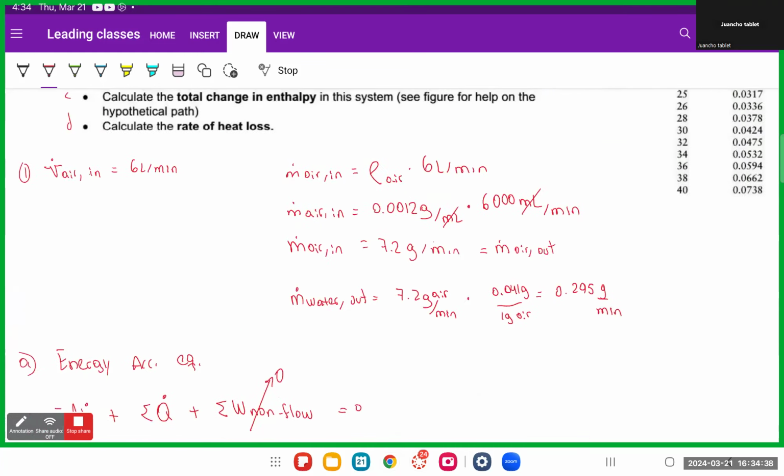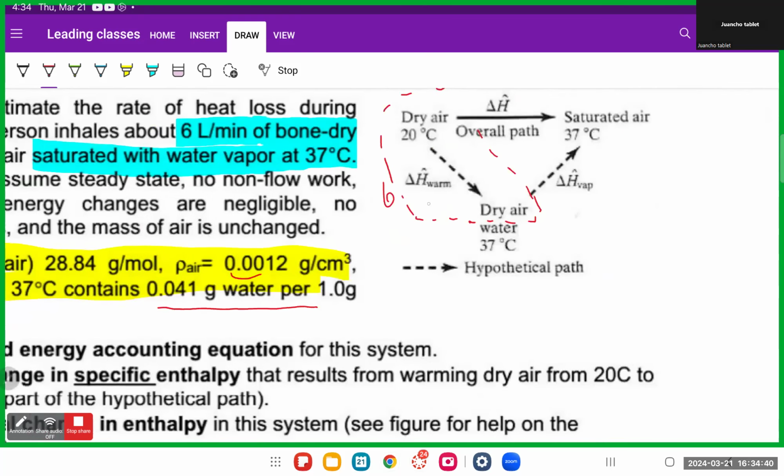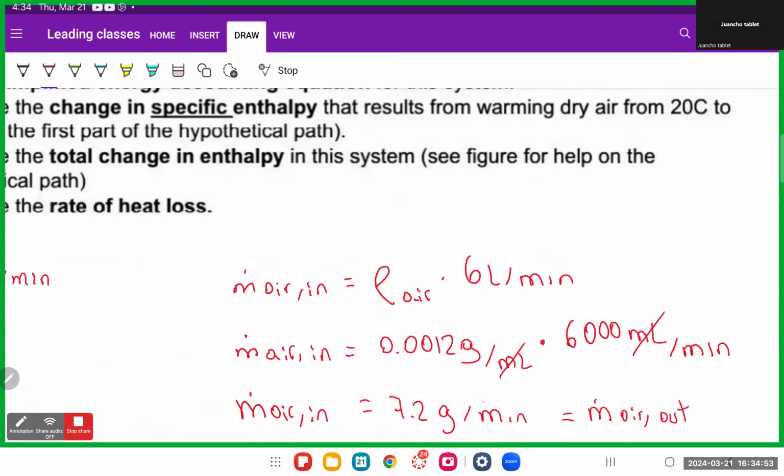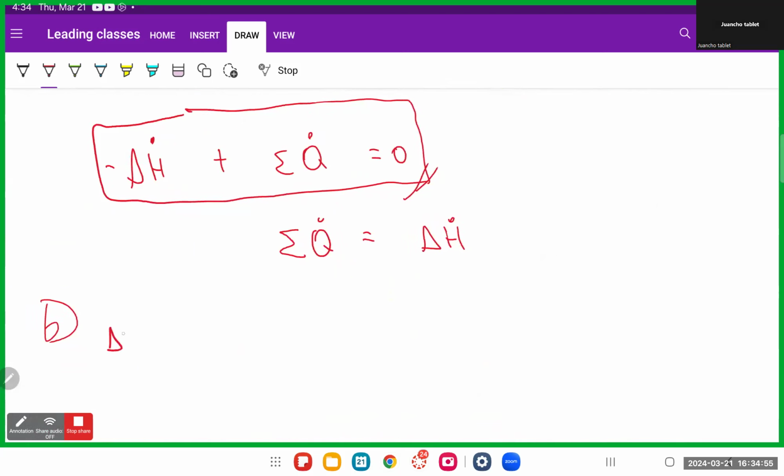So if we name this path over here, I prefer numbers to words, so let's call it the change in specific enthalpy, path 1. That's going to be equal to the integral from T0 to Tf of Cp dT.